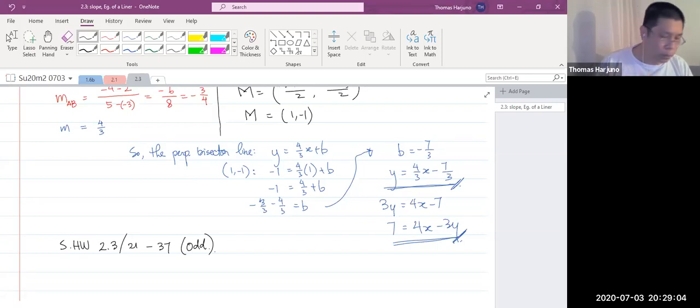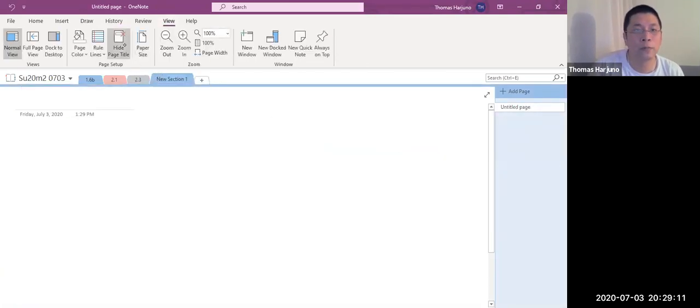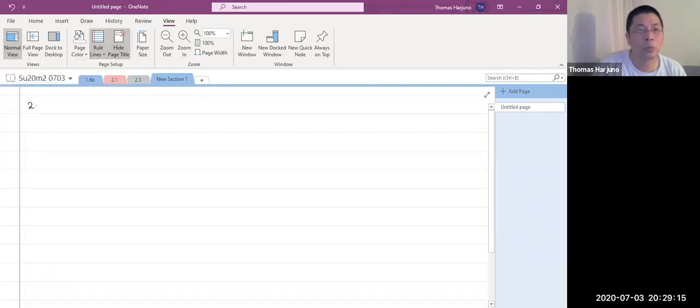Now in 2.2, we have learned part of that, 2.2 graph of equation. Part of that graph of equation is equation of a circle.